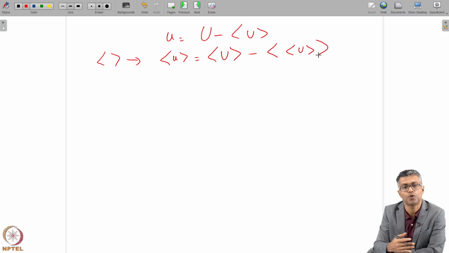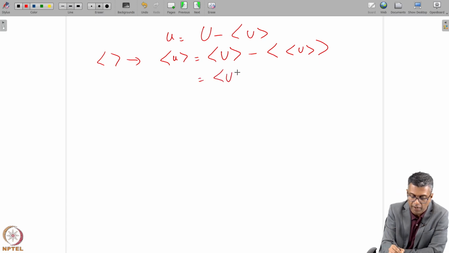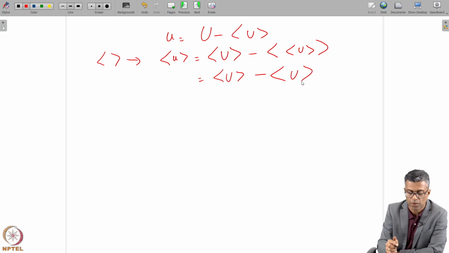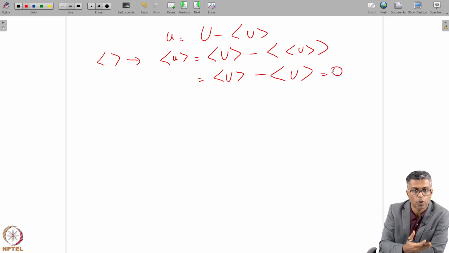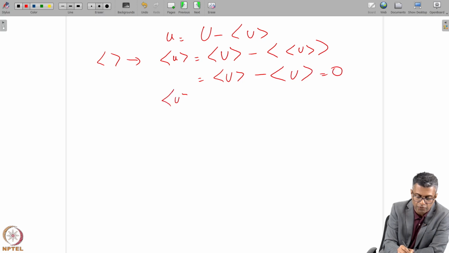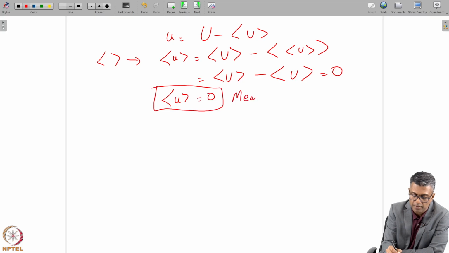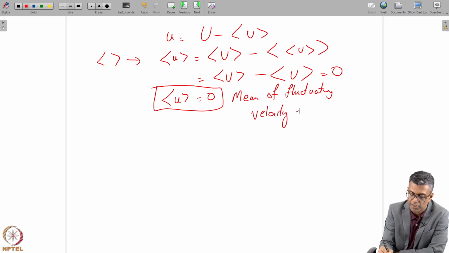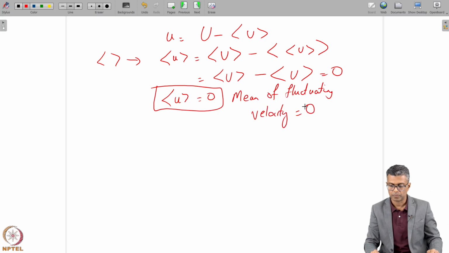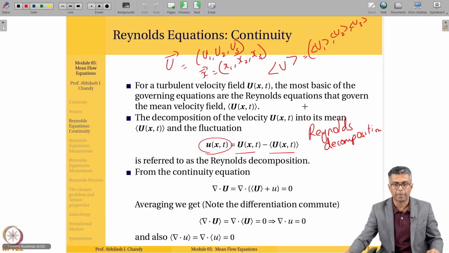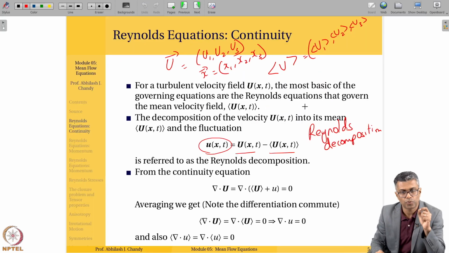So the right hand side is the average of u minus the average of u, which becomes equal to 0. So what have we learned from this? The mean of the fluctuating velocity is equal to 0.